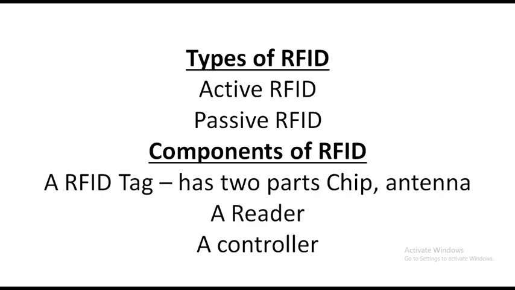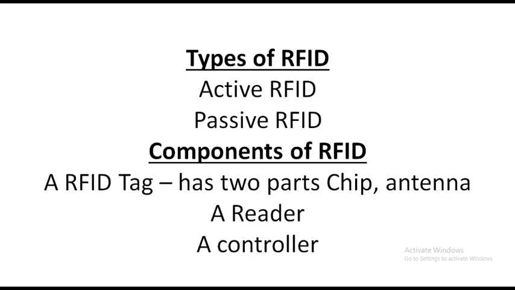But we are not able to use the passive RFID system for larger distances. The passive RFID system is used for very short-range transmission, and it has no power source of its own. The passive RFID system has to get its power from the reader antenna only.